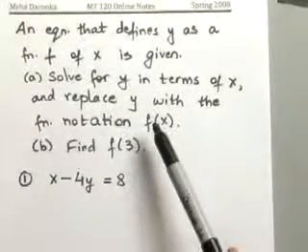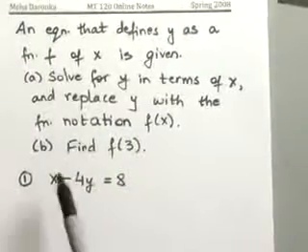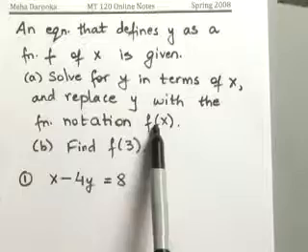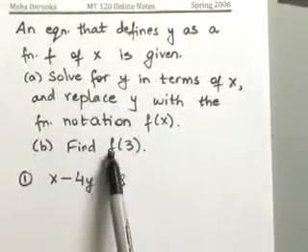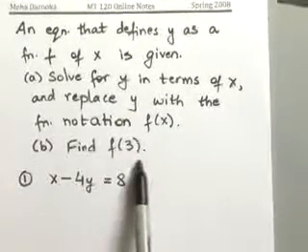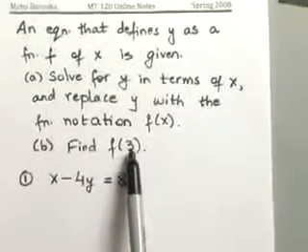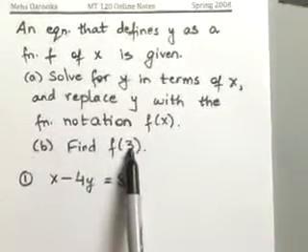That's the first thing you will do. The second part will be to find f of 3, which again tells you to find the value of your function when x equals 3.